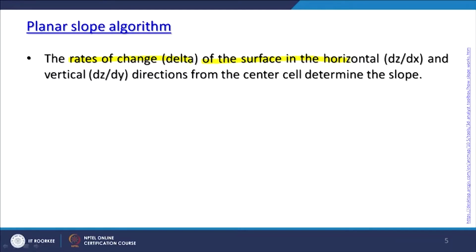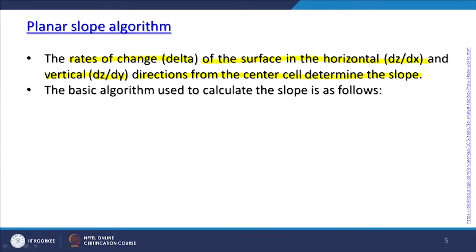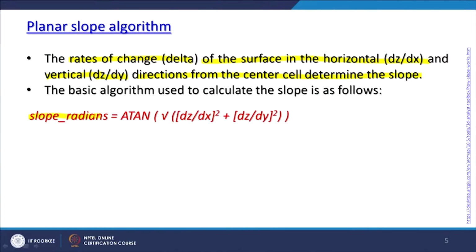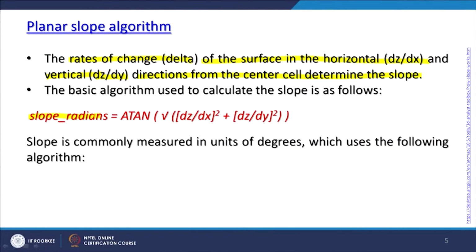Now, when we go for the planar slope algorithm, the rates of change of the surface in the horizontal direction, that is dz by dx, and in the vertical direction, dz by dy, from the center cell will determine the slope. And the basic algorithm used for the slope calculation is like this. You can have slopes in degrees or radians or whatever you want.